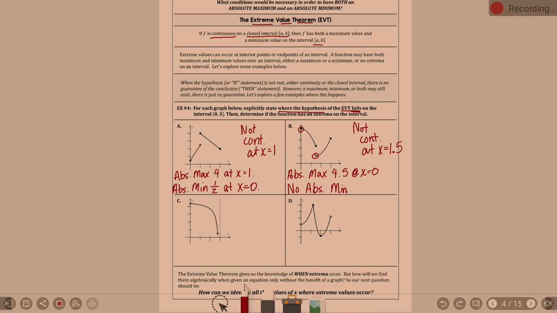This would be continuous from 0 to 3 as an open interval, but it's not continuous on the closed interval. Does that difference make sense? Yes. So I'm going to say not continuous on closed interval because it doesn't exist at the endpoints.